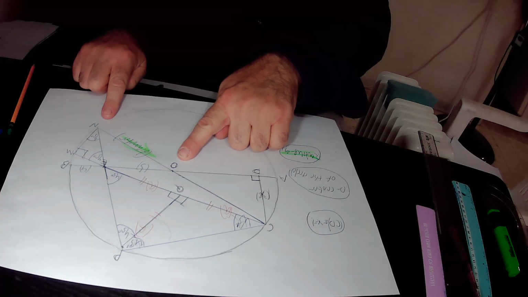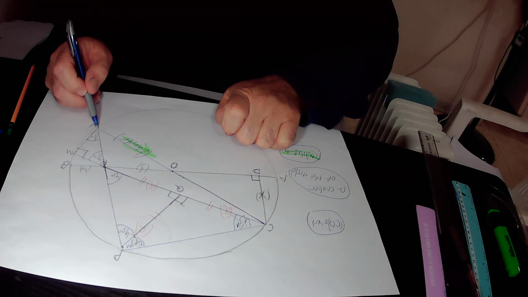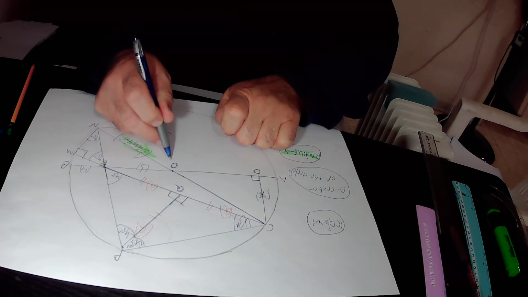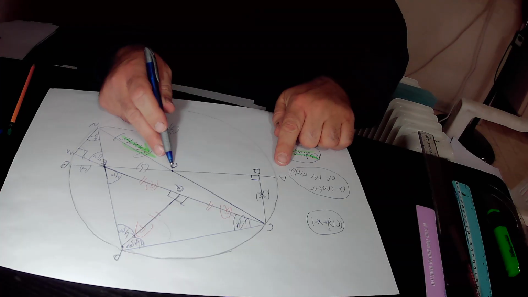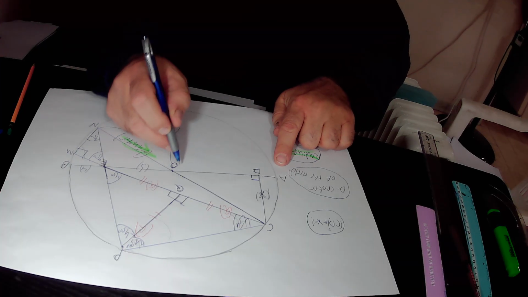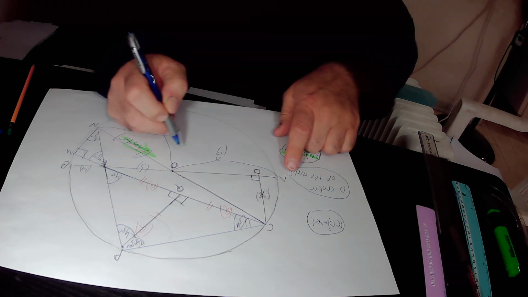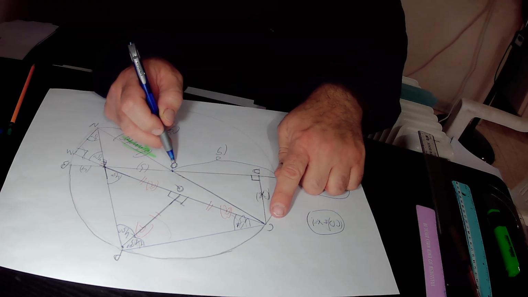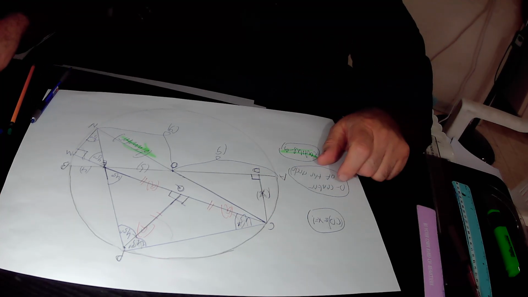ON is also the radius of this circle, therefore it is equal to 9 units in its length. Likewise, OA is also the radius of the circle, it is equal to 9. And finally, CO is also the radius of this circle, it is equal to 9.